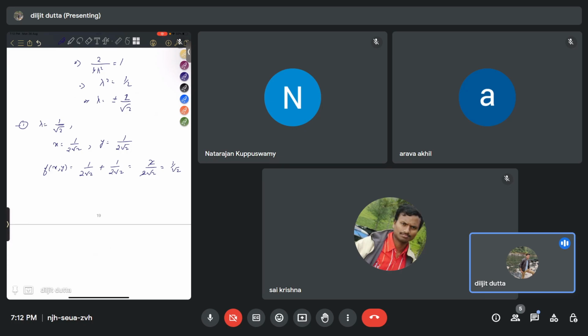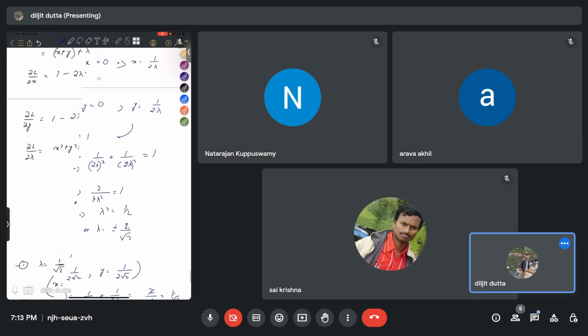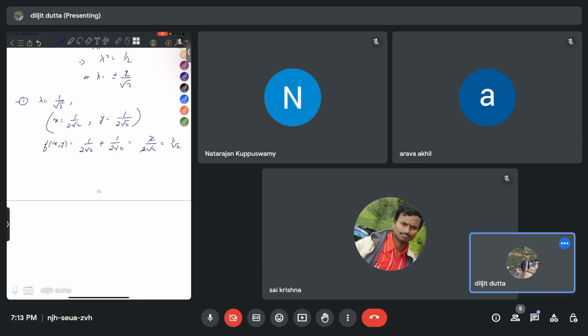Now classify if this is a maxima or a minima. How do we do that? We will take the double derivative of the function and we will check at these particular points if the maxima or minima is there.